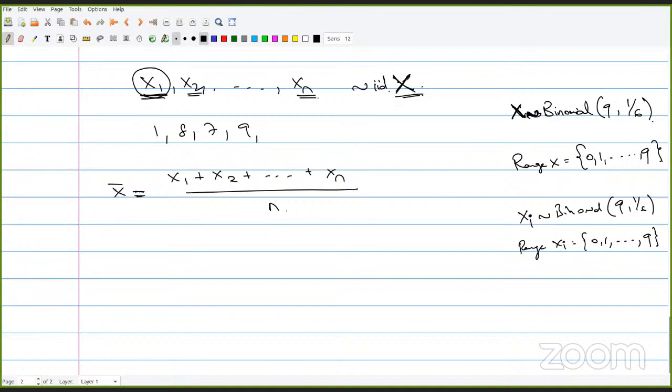No, x1 is a random variable which takes values in the range of 0 to 9, right? X1 is identically distributed like X. That's it. So suppose I am taking a sample. Then x1 represents that sample, x2 represents the second sample, like that.